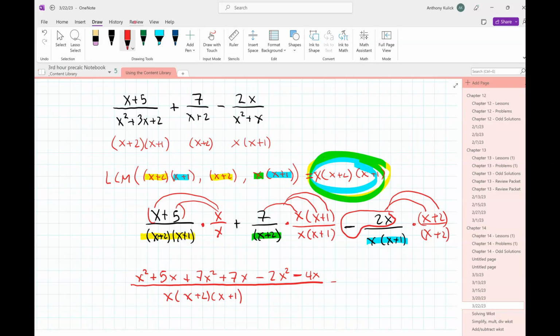What do we still need to do here? Yeah, we've got to combine our like terms in the numerator. So I can add up those together and get 6x squared. And then I've got to add up these together. That's going to give me 8x.